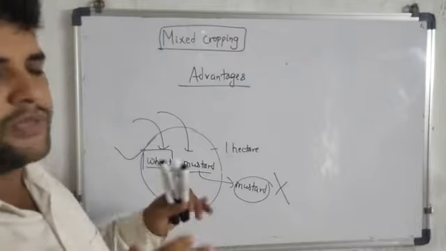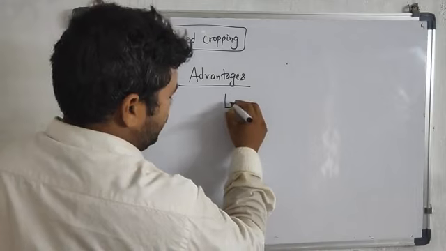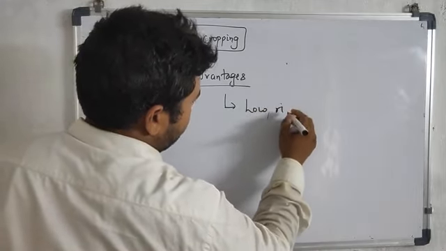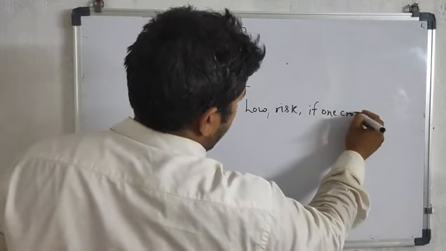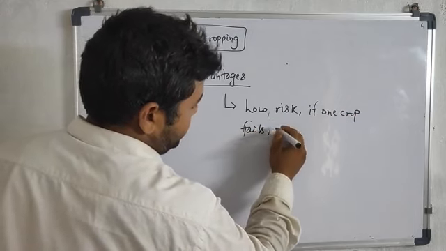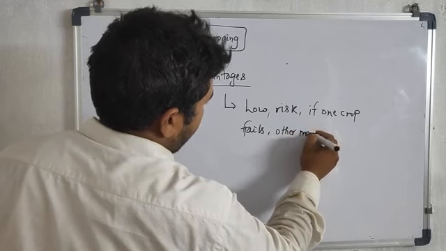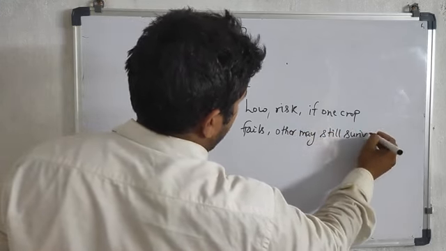So if one crop fails, another is there, and it can survive. So, low risk: if one crop fails, the other may still survive.